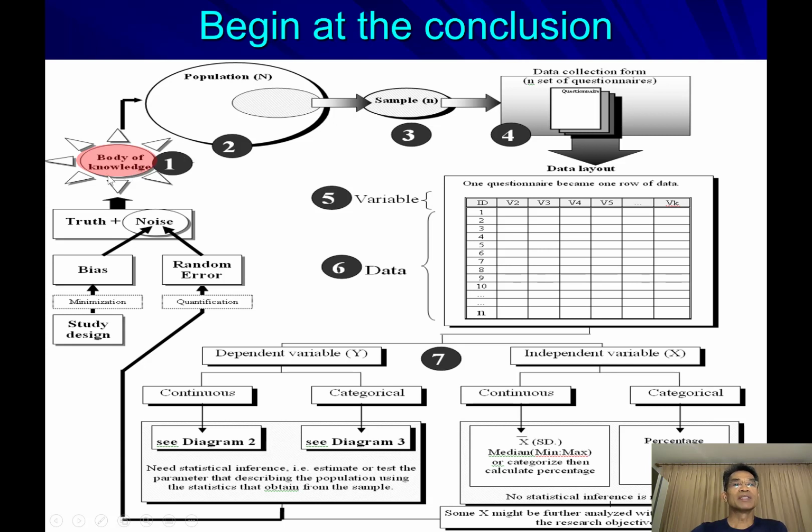So what we found in the study, which is from a small sample, will be inferred or generalized to a larger group called the population, designated by capital N. That means we need to study not every individual in the population, but a subset of the population, which is called the sample, or small n.